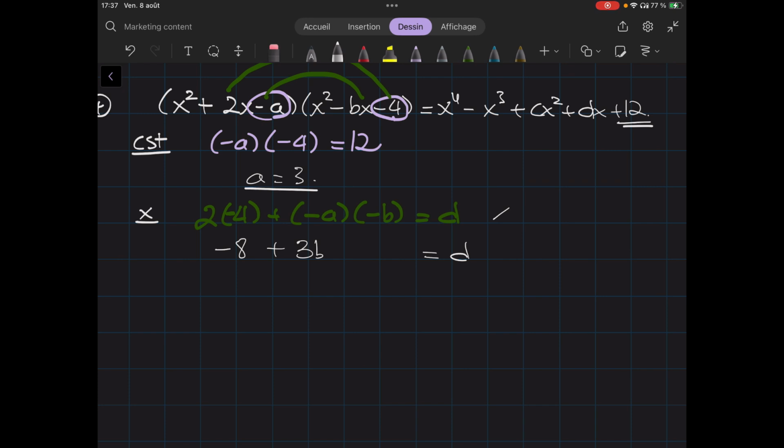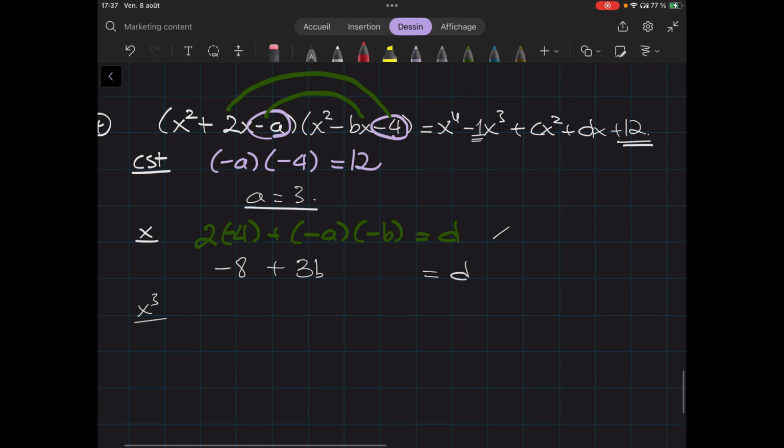We can also look at the x cubed term. The coefficient of the term in x to the 3 is -1. We can get the x cubed term from x squared and bx, or from 2x and x squared.